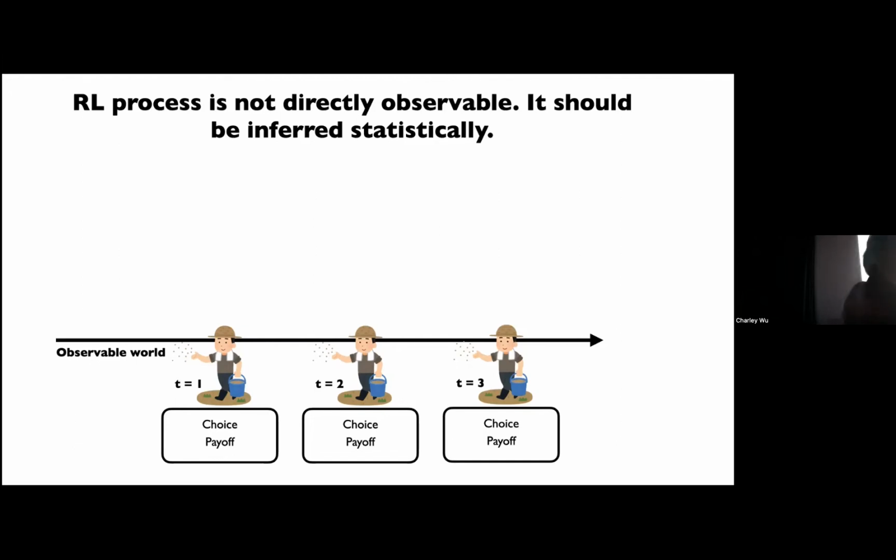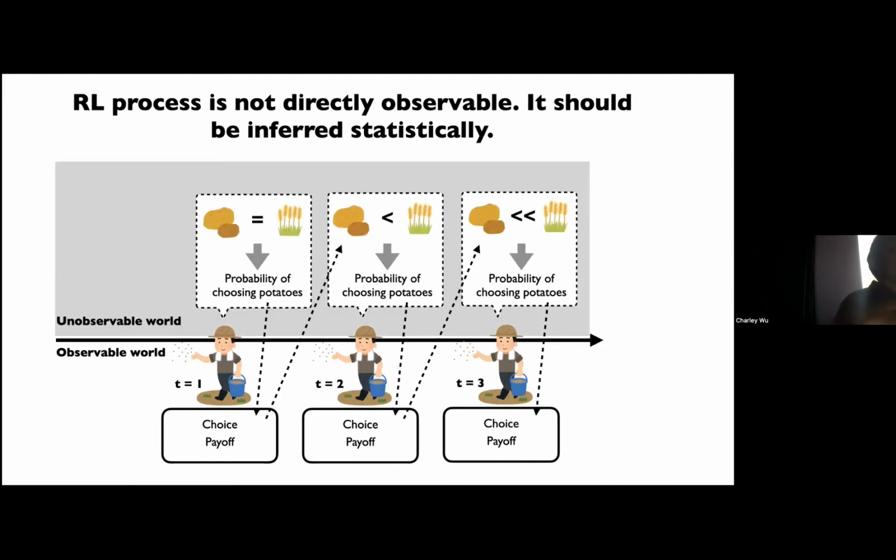But the reinforcement learning model assumes what's happening in the unobservable world, the internal mind. This hidden process would somehow produce the observed data, and this observed data is then fed back to the hidden process, like learning, and then again we produce the next choice.